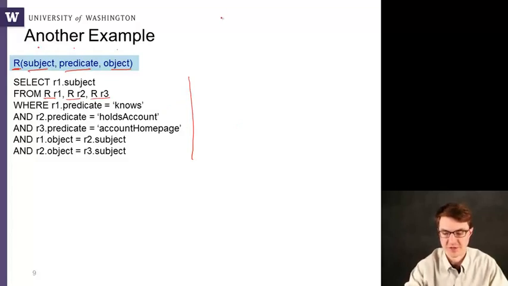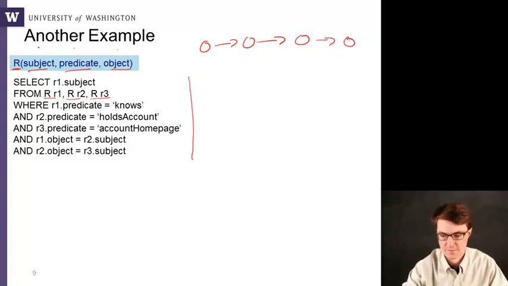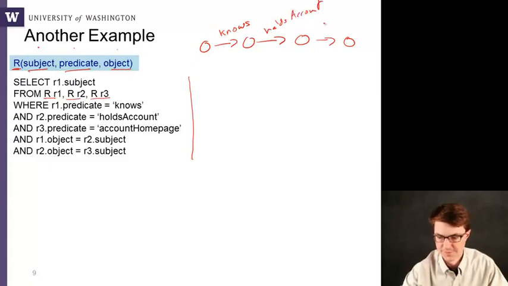So you're looking for this sequence of edges, where this edge is knows, and this edge is holds account, and this edge is account homepage.